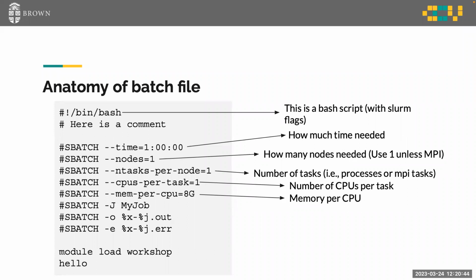So a task would be, for instance, an MPI task. It's a distinct set of computational threads, I guess, processes. And then you assign CPUs for the task. So the way you would handle this if you had a Python multiprocessing script would be you'd have one node, one task per node, and then you'd change the number of CPUs per task.